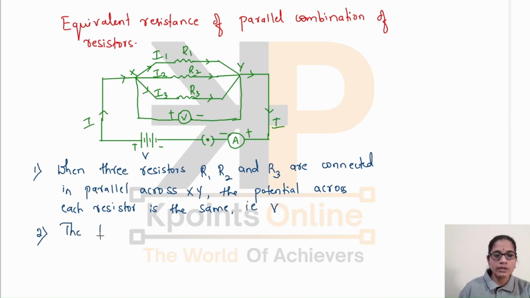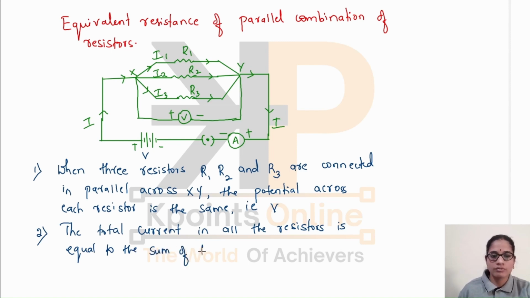Now the total current was found to be the sum of the individual currents flowing through each resistor. The total current in all the resistors is equal to the sum of the individual currents in each resistor.